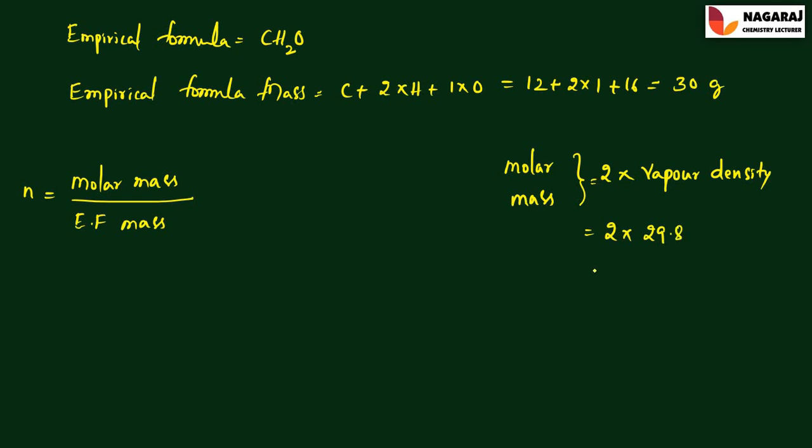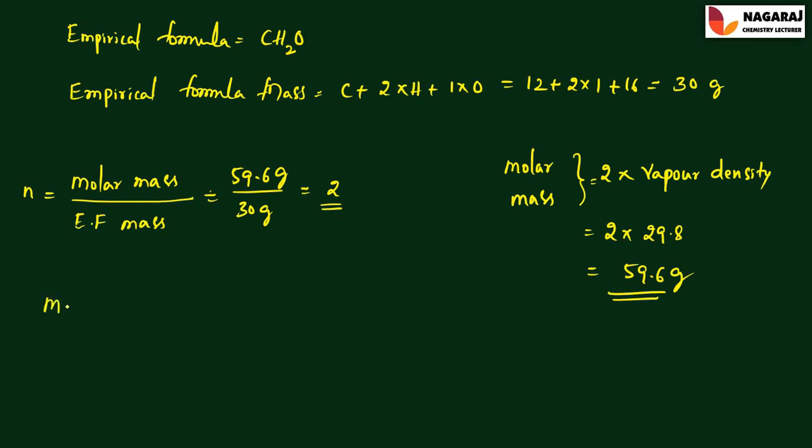On simplification, it gives 59.6, and the unit is grams. So n is the molar mass, 59.6 grams, divided by the empirical formula mass, 30 grams. That is 59.6 divided by 30, which is equal to 2.